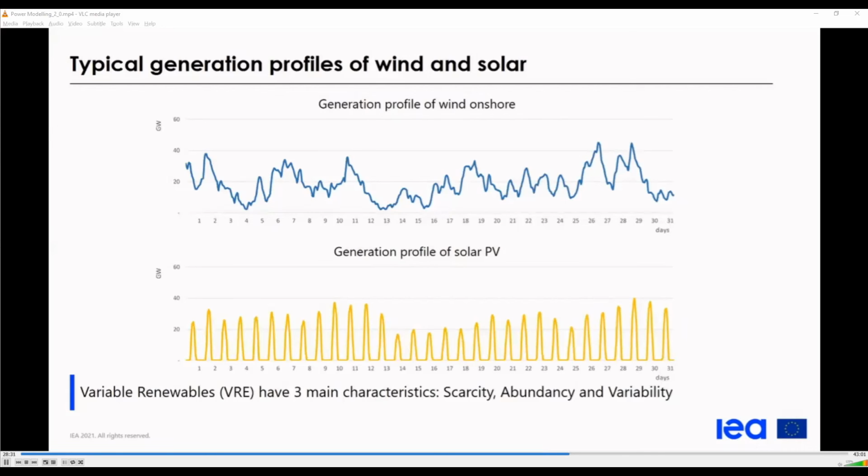And we can see on this slide how these outputs evolve over time because they are linked to meteorological conditions. So this variation can lead to several consequences that can be summarized with 3 main characteristics: scarcity, abundancy, and variability.